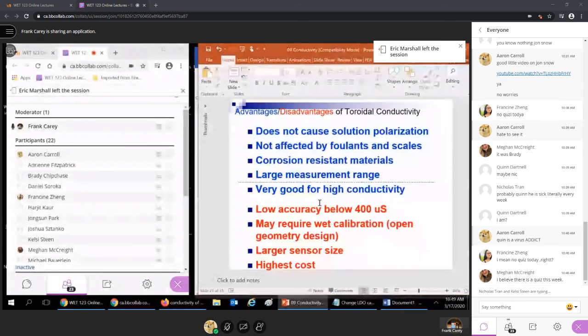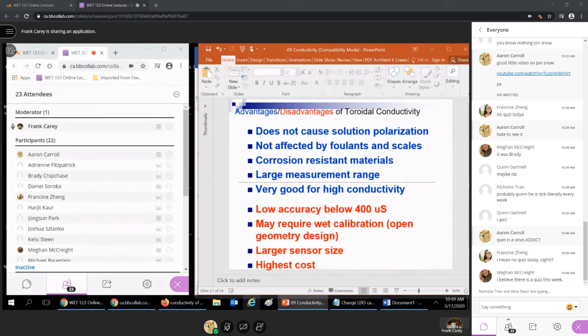I've seen them in water treatment, but usually you want higher accuracy, so you would usually use the probe methods.